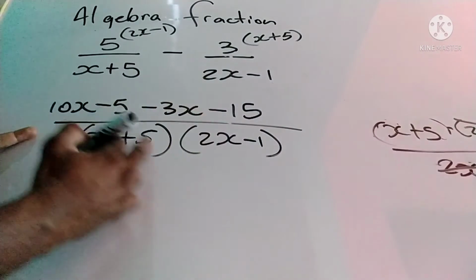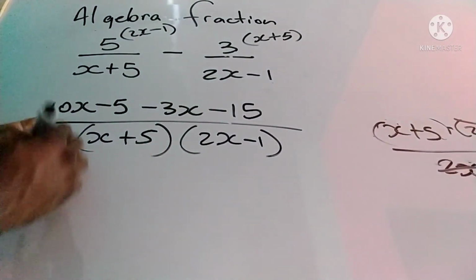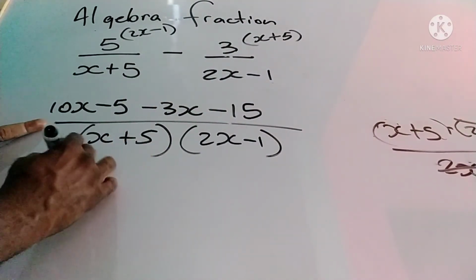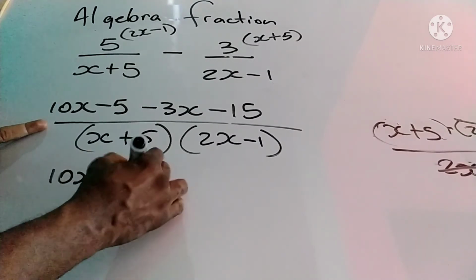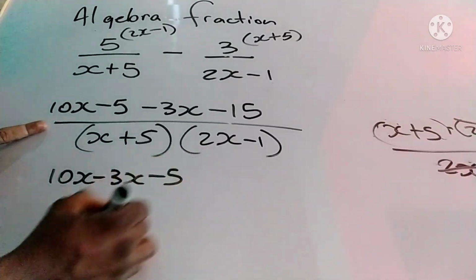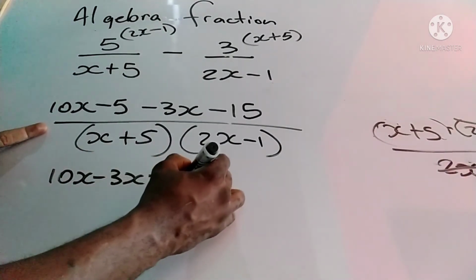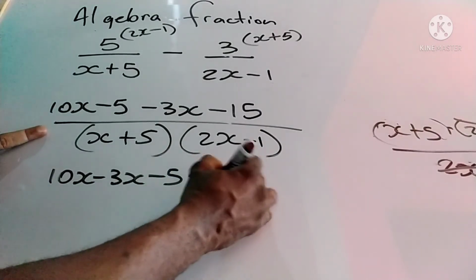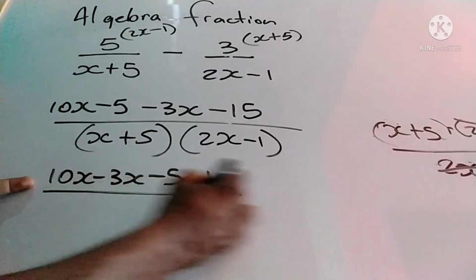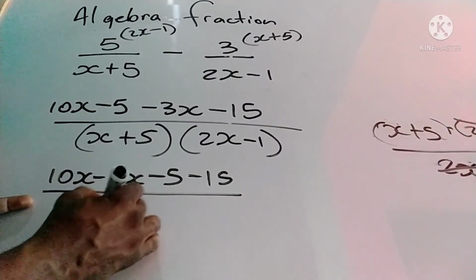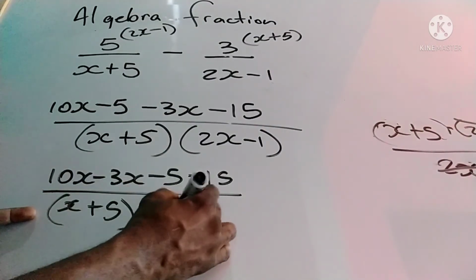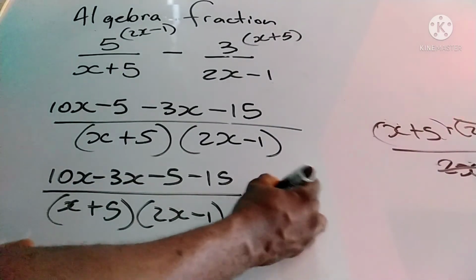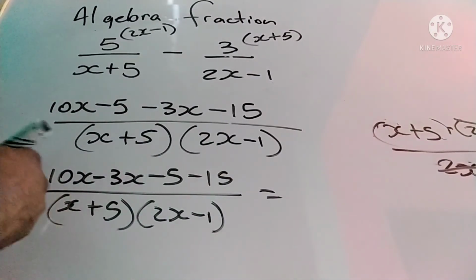Now we can simplify ideas here, right? In simplification, we have a 10x minus 3x, we have a minus 5 and minus 15, all of that over x plus 5 in bracket 2x minus 1. Let's put our final answer right there. Let me clear this off here.